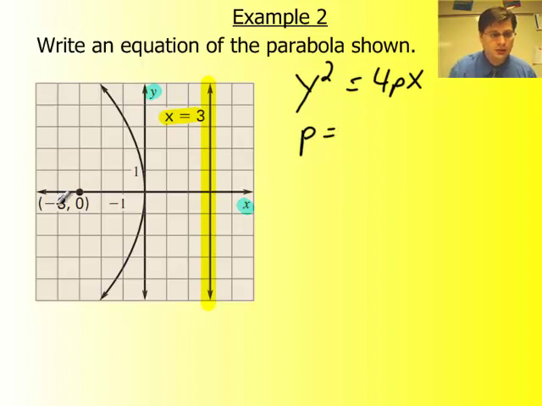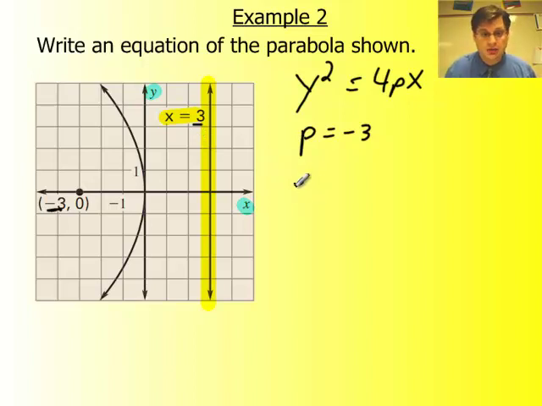And p is located right here at (-3, 0). So therefore p is going to be -3, and I can verify that because the directrix is the opposite value, x equals +3.